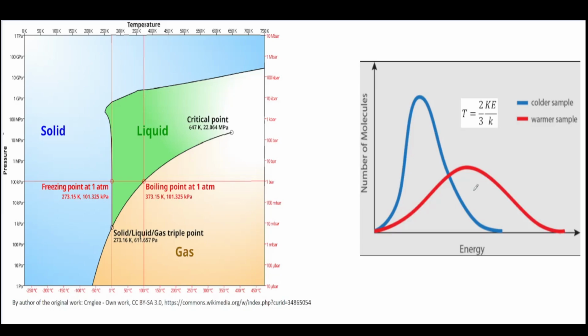It's just an average of the kinetic energy of every single molecule, the translational kinetic energy, so how fast the molecules are bouncing around. So if your temperature is lower, your average energy will be shifted to the left. And here you can see this sort of Gaussian distribution of energies. And as your temperature gets higher, this peak shifts to the right.